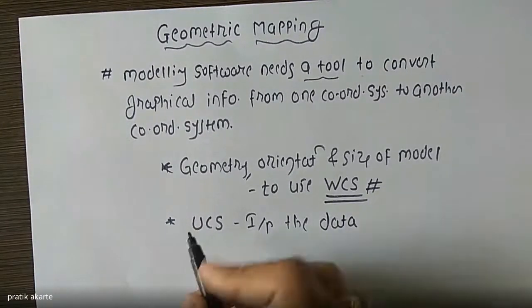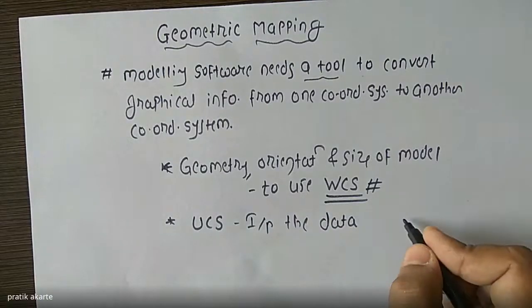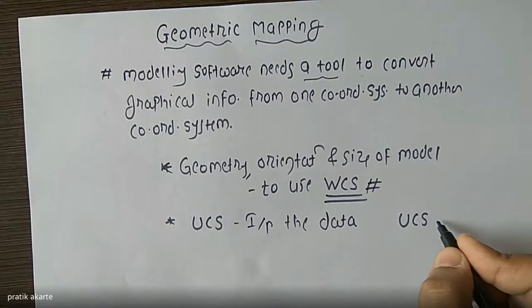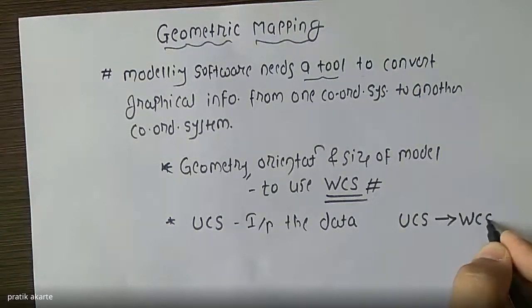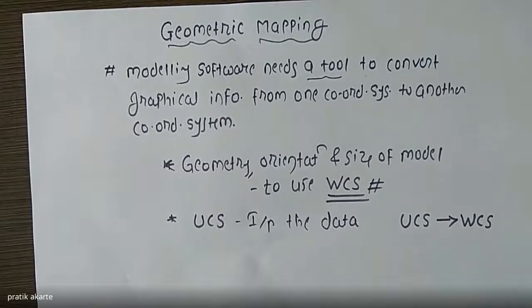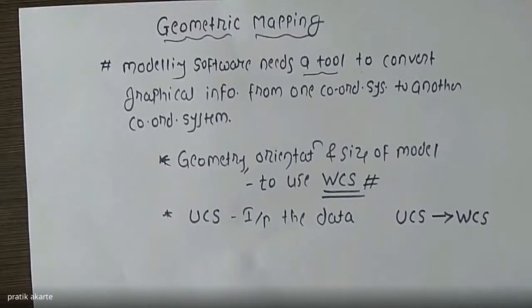So we need some tool which will convert the graphical information from the user coordinate system to the world coordinate system, or vice versa. There must be some interaction between the coordinate system that the user is using and the one the software is understanding. That is what we call geometric mapping. So what exactly does geometric mapping do?